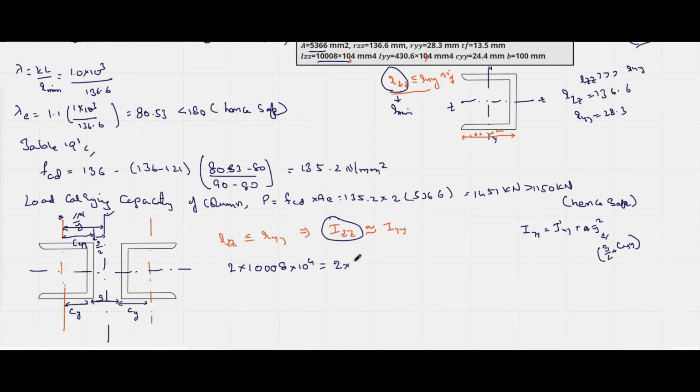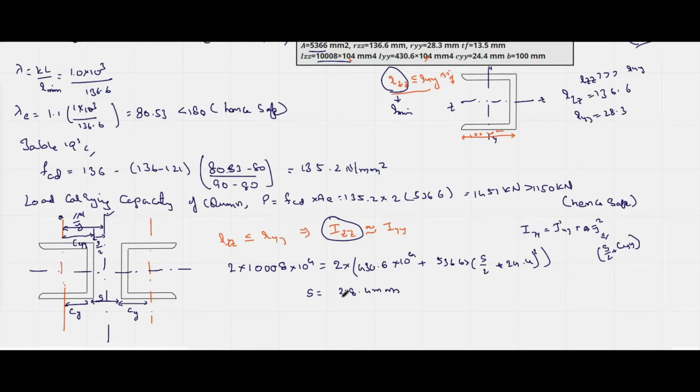So the moment of inertia is 2 into I dash YY, which is 430.6 into 10 to the power of 4, plus area, which is 5366, already we consider 2 as whole, into Y bar, S by 2 plus centroid 24.4 mm, whole square. If we evaluate this, we will get the spacing between the two channels as 218.4 mm.